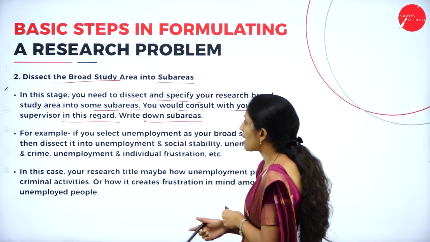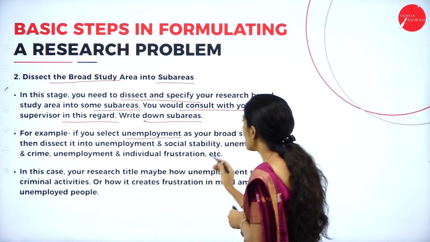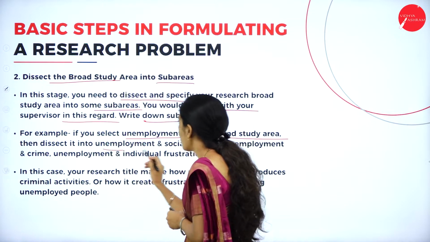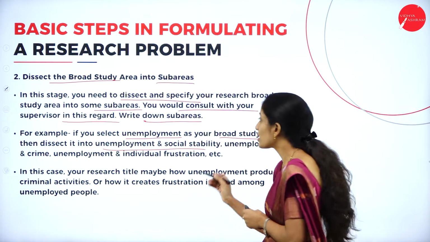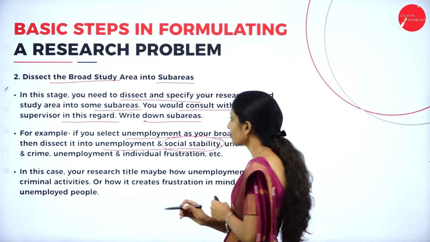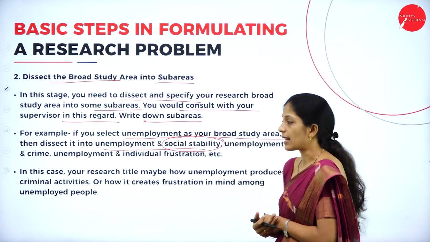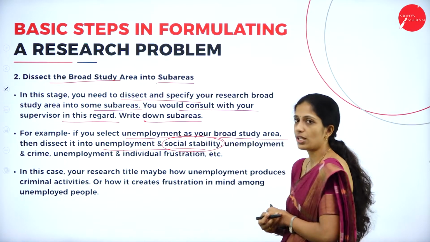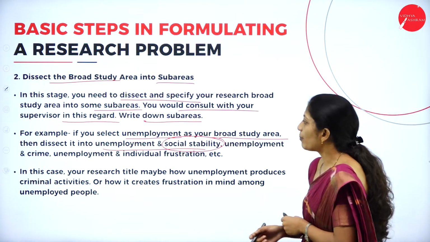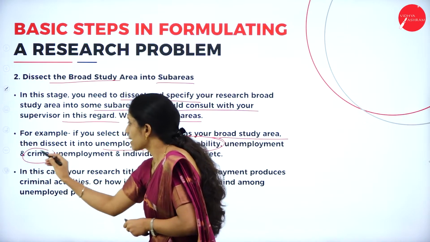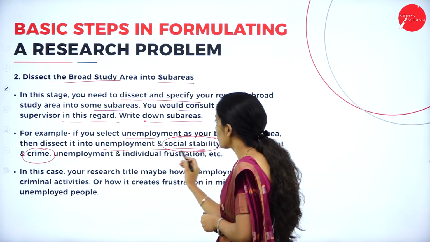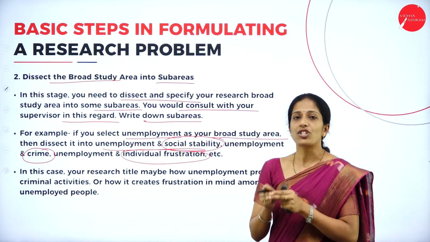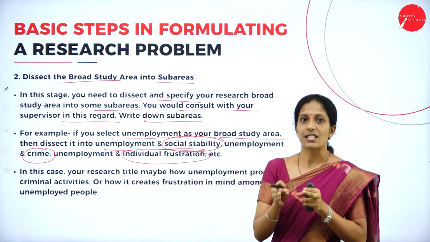For example, if you select unemployment as your broad study area, then dissect it into unemployment and social stability. The main area is unemployment, and the sub-area is social stability. In the same way, unemployment and crime, crime is the sub-area; unemployment and individual frustration, this will be a sub-area. On which area you are interested, you will select that.